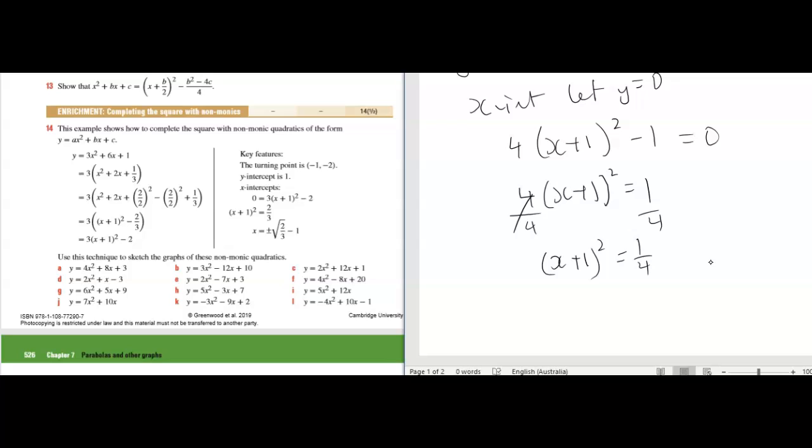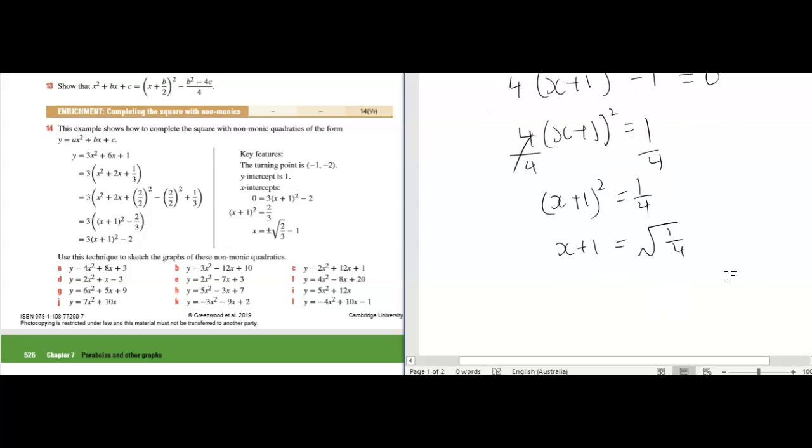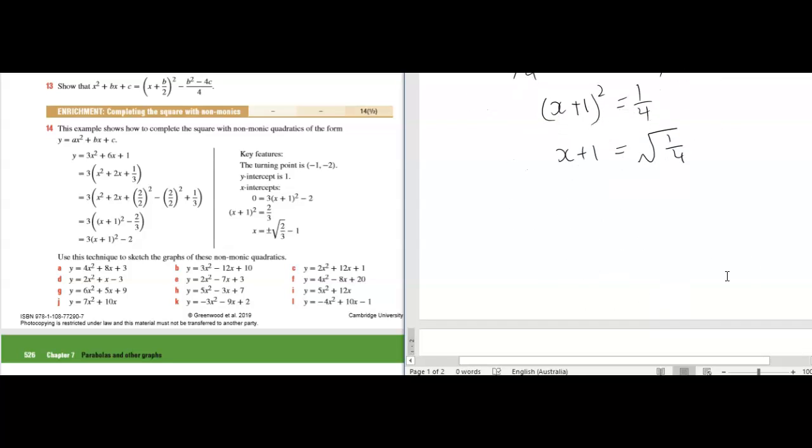Get rid of the squared sign. So we've got x plus 1 equals the square root of 1/4. This is why it was good that we did surds a while ago. Hopefully you can remember when we take the square root, we're just taking the square root of the numerator and the square root of the denominator.